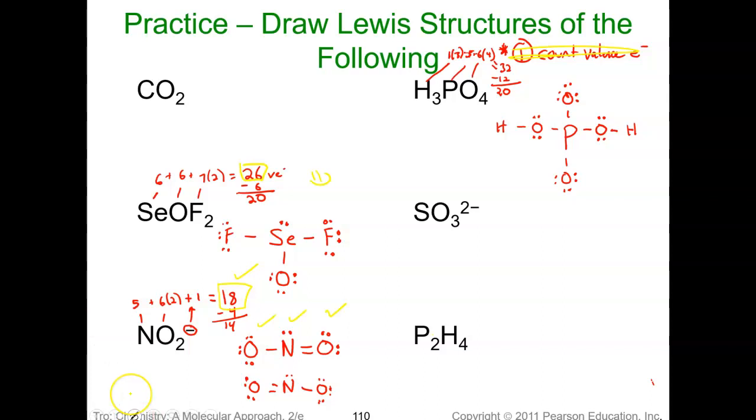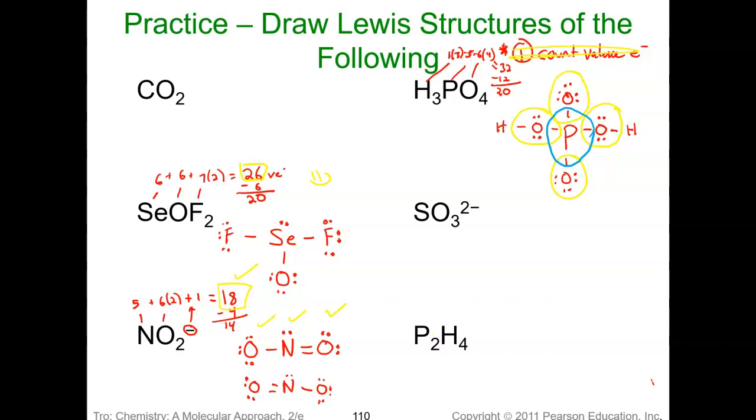Don't forget to check. Does everyone have 8? Hydrogen only wants 2. Happy hydrogen. Oxygen has 8. Oxygen has 8. Oxygen has 8. And if we look at phosphorus here, phosphorus also has 8. So these are our Lewis structures.